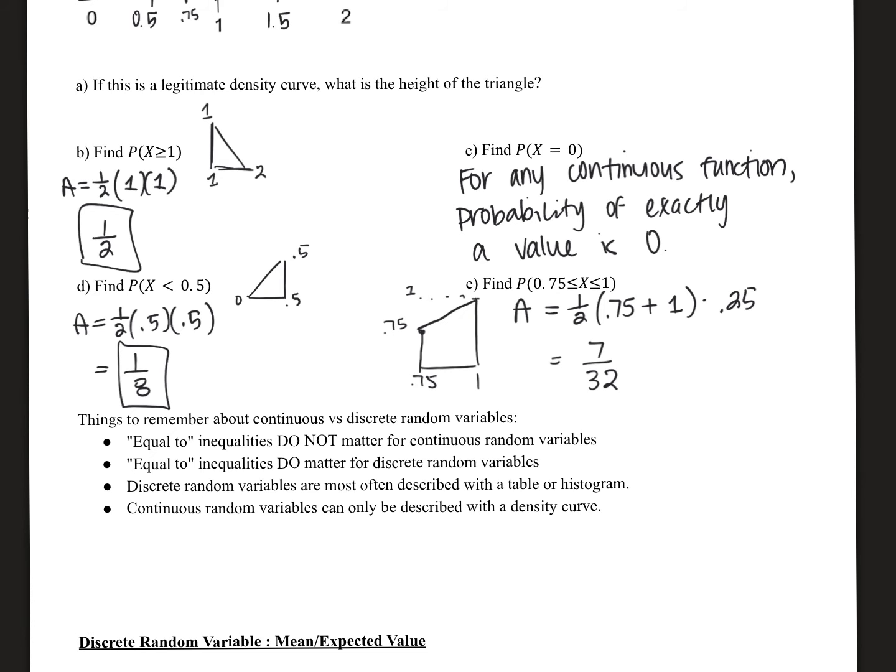They mean the same thing. Equal to does matter for discrete though. And it's because, again, continuous random variables don't have exact numerical values, whereas discrete do. So discrete random variables are often described with a table or a histogram, and continuous can only be described with a density curve.